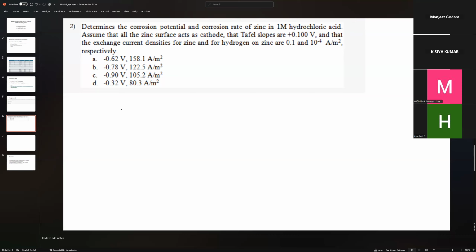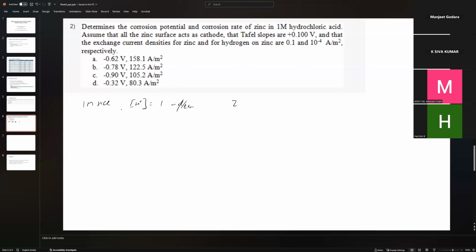So we're given 1 molar HCl. So the H plus ion concentration is equal to 1 mole per liter. There are things we have to assume from the previous assignments, the second and third assignments.